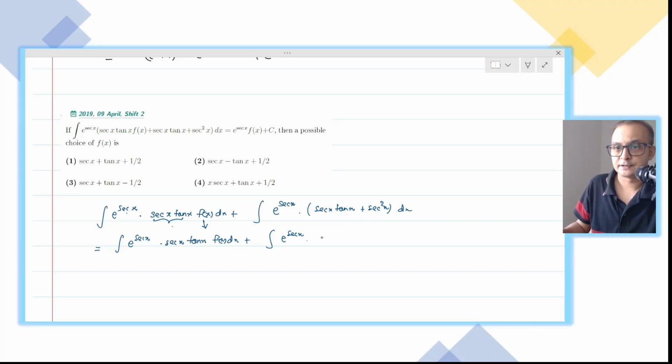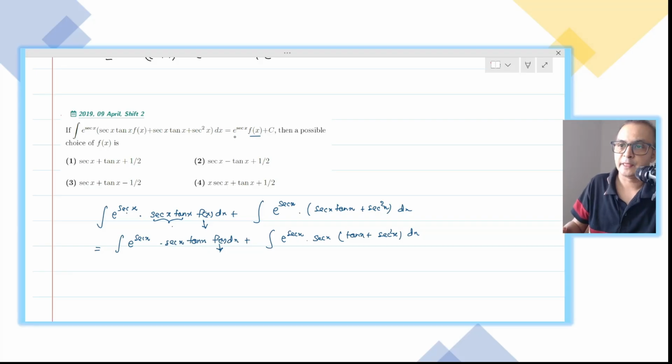If I take sec x common, I'm left with tan x plus sec square x. But notice, if I am intended to take f(x) here, whatever I see, because I have this structure, I'm getting this f(x).